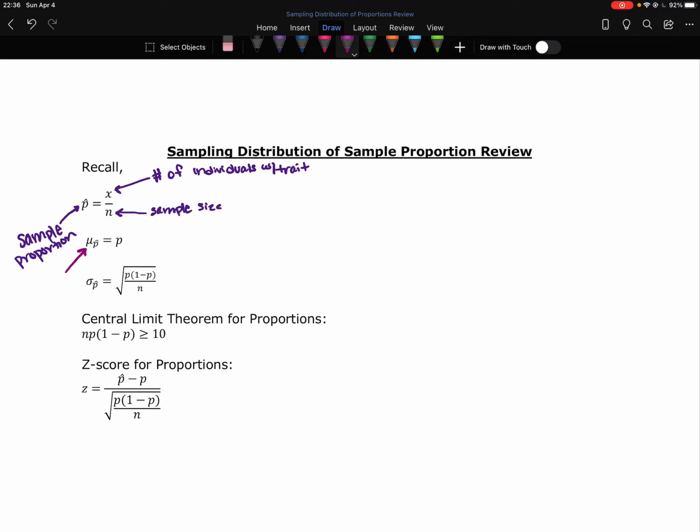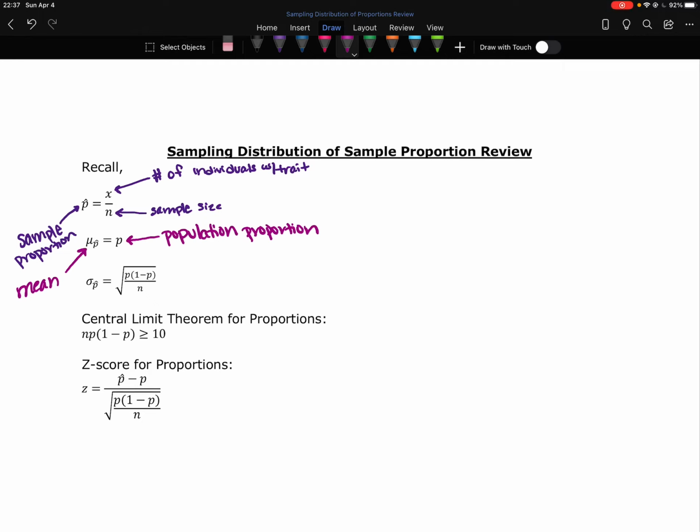The mean of the distribution is equal to the population proportion, p. And remember, it's really important, don't get p and p hat confused. These are the two that tend to get confused the most because they are so similar. But the sample proportion is the one with the fancy little hat.